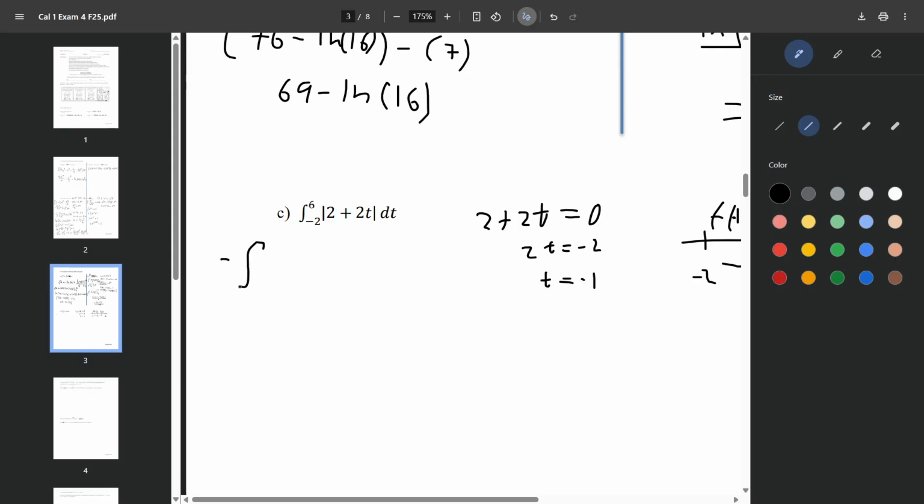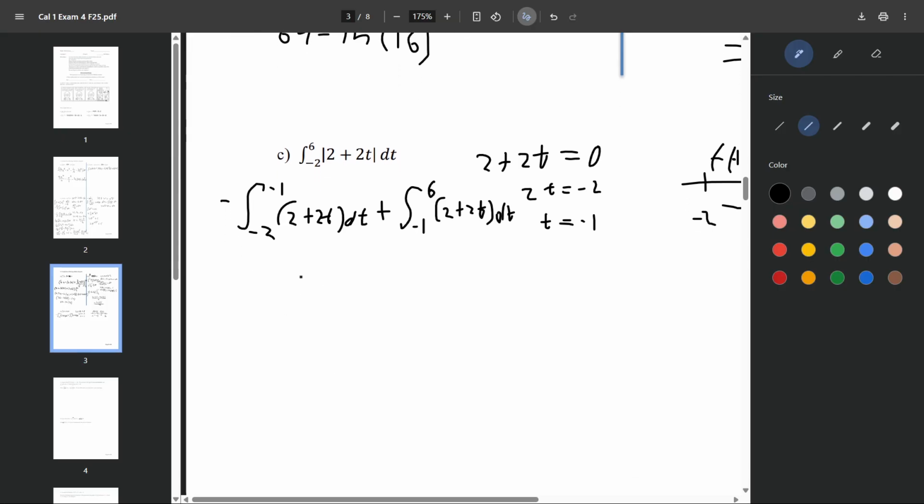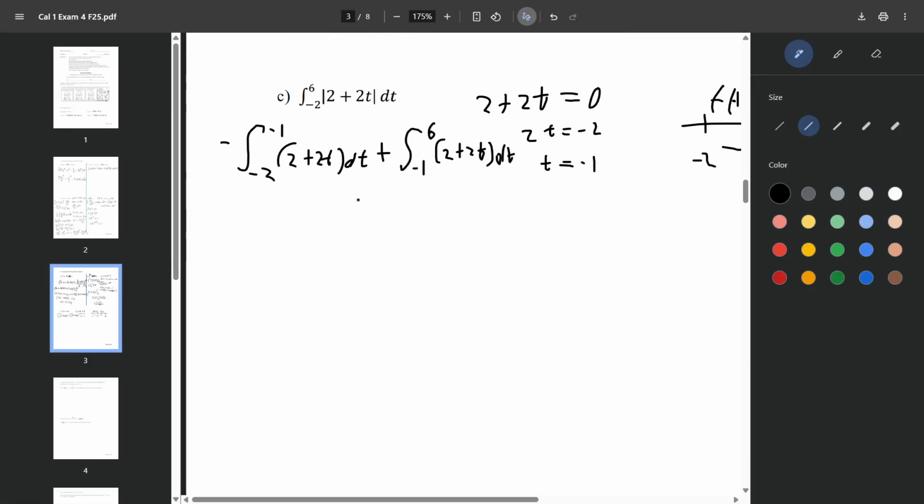So negative integral from negative 2 to negative 1 of 2 plus 2t dt, plus the integral with upper bound 6, lower bound negative 1, of 2 plus 2t dt, and then we do the integral and solve for both of these.